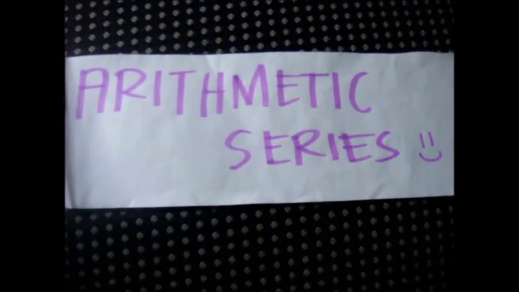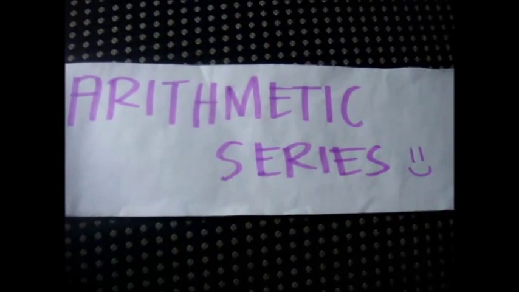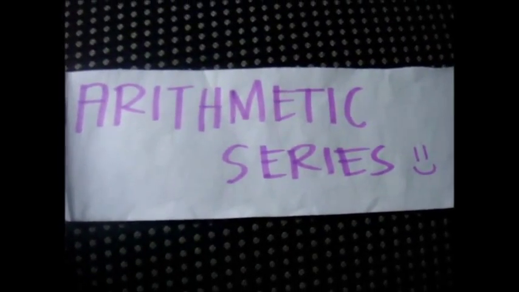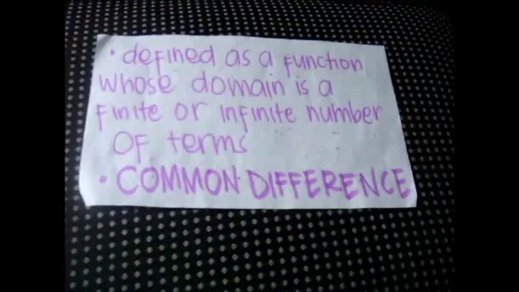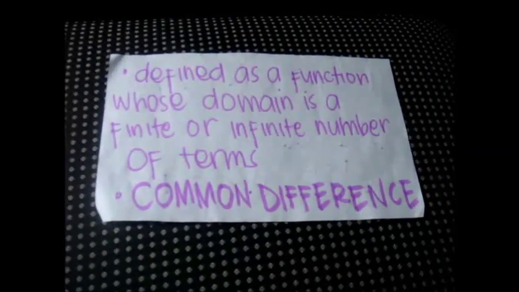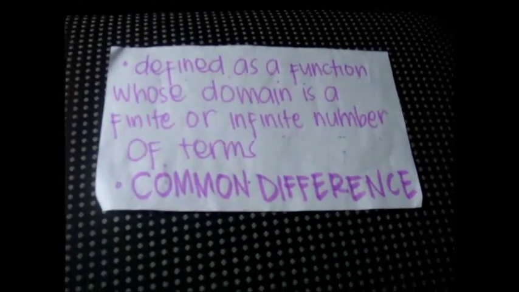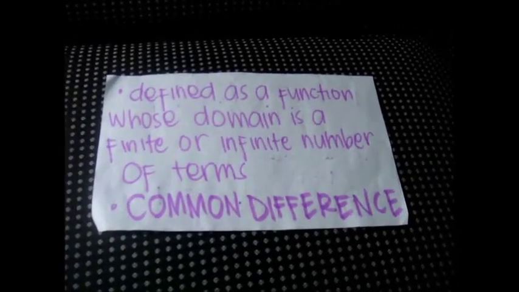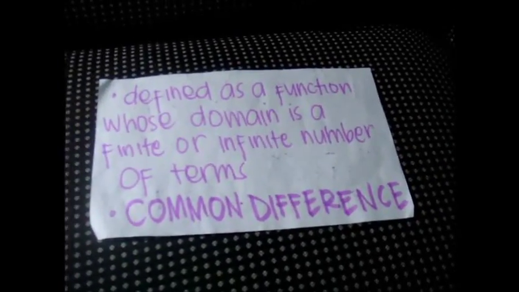After discussing arithmetic series, we have 4 things to remember. Number 1, arithmetic series is defined as a function whose domain is a finite or infinite number of terms. It has a common difference.